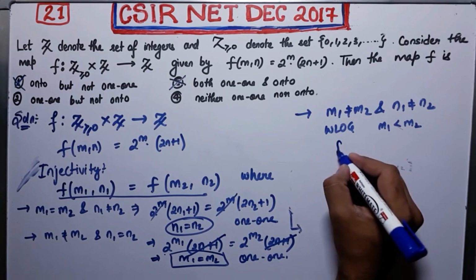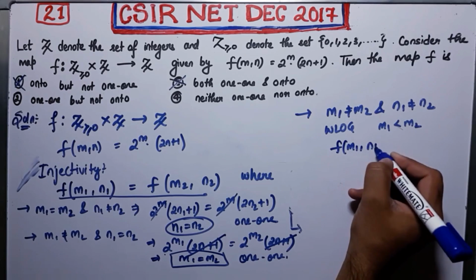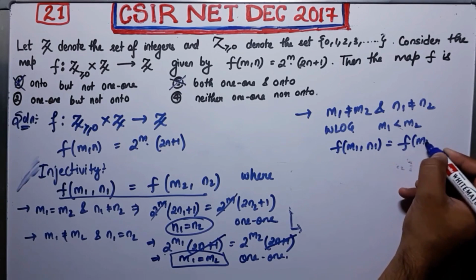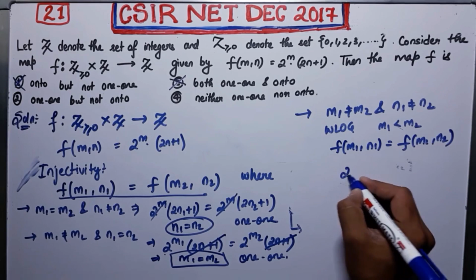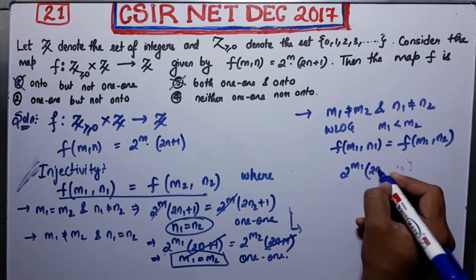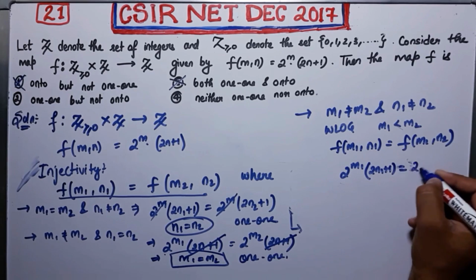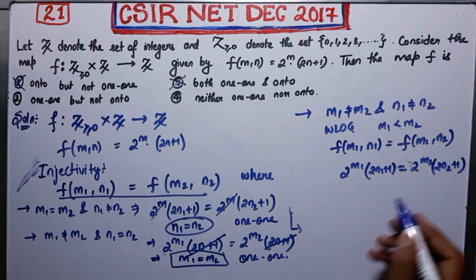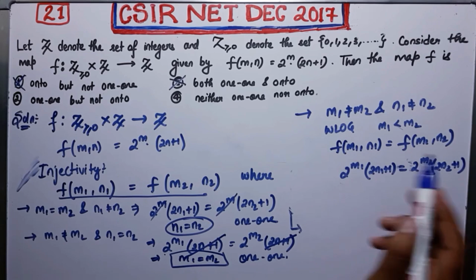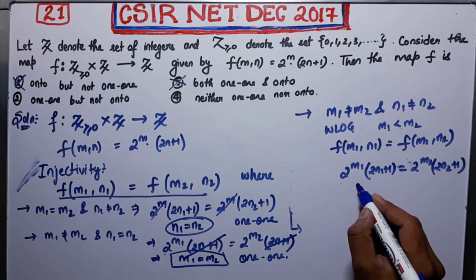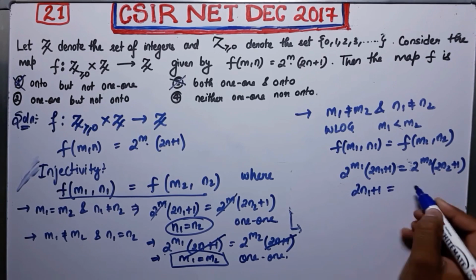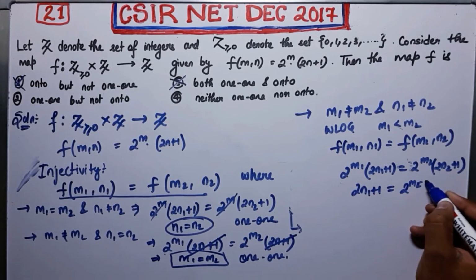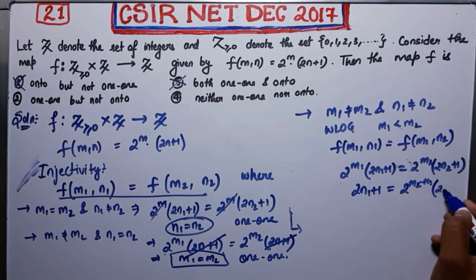Now write the condition. This one is the condition. So what you will get: 2 to the power m1 times (2n1 plus 1) is equal to 2 to the power m2 times (2n2 plus 1). Since m1 is less than m2, you can do 2n1 plus 1 is equal to 2 to the power m2 minus m1, and 2n2 plus 1 is still there, right?